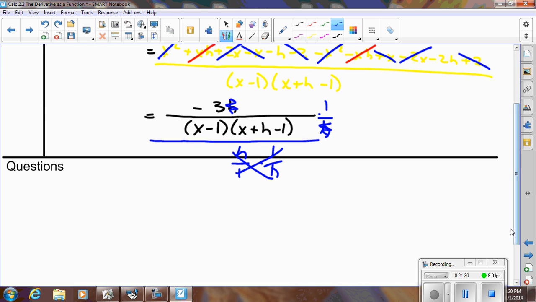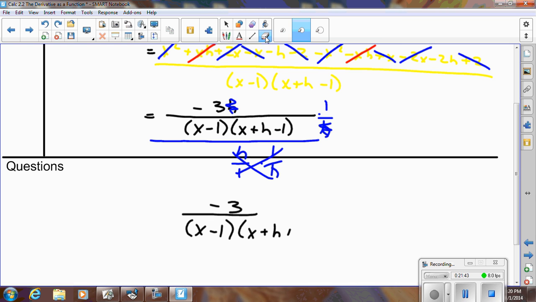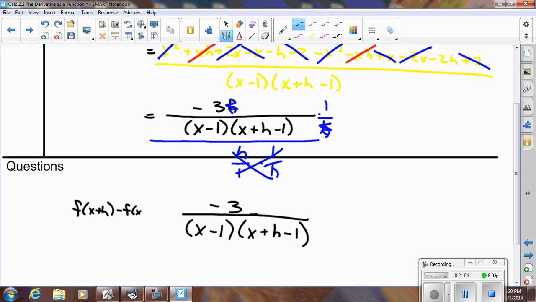All of that comes together to give us negative 3 over x minus 1, x minus 1, x plus h minus 1. Oh man, I'm getting my signs all messed up. There we go. This is f of x plus h minus f of x all over h.